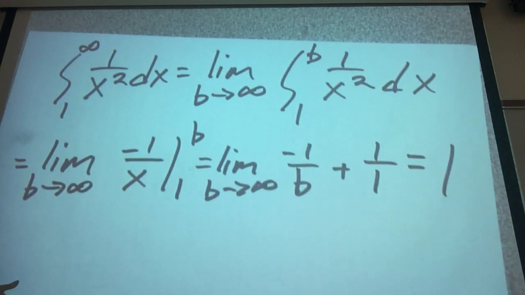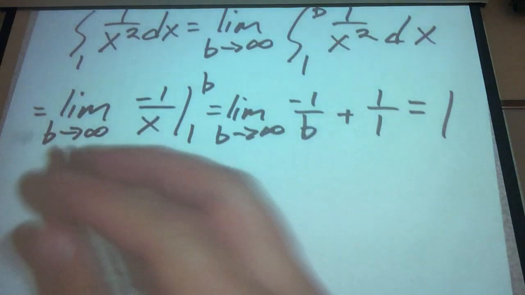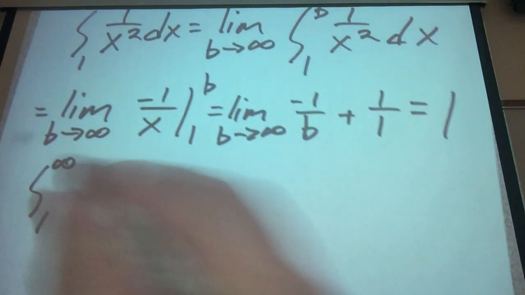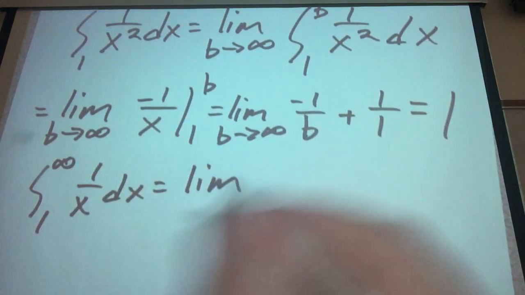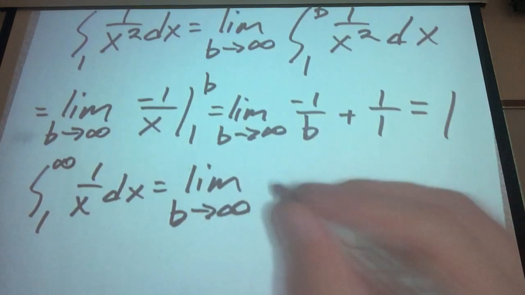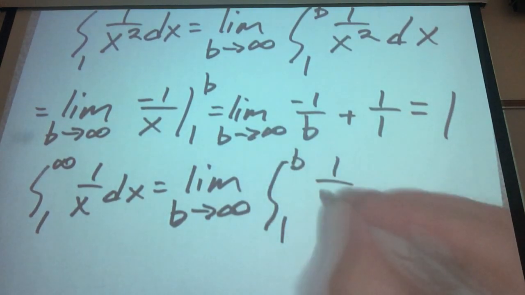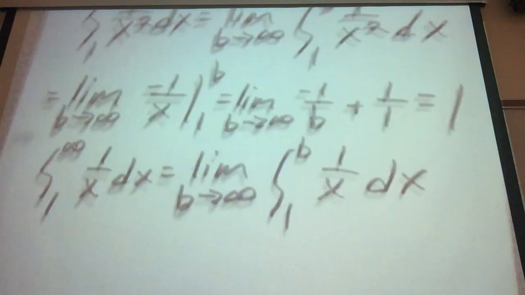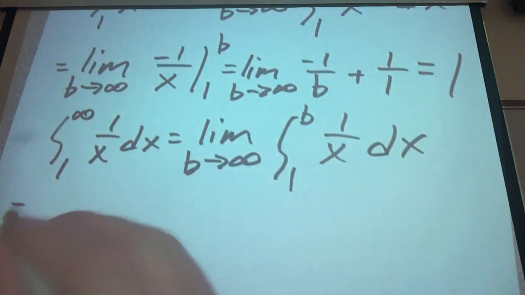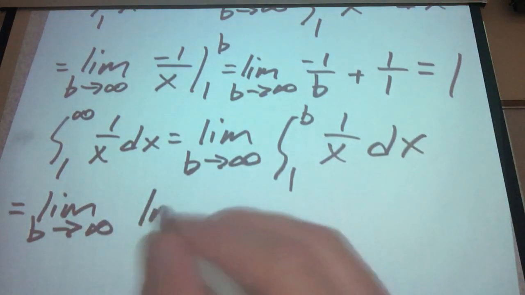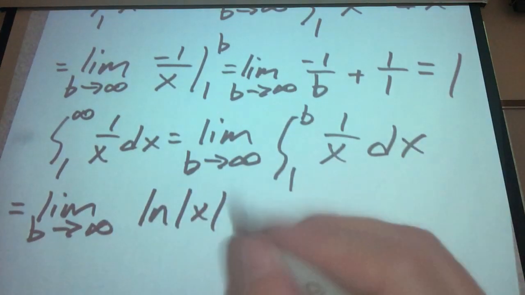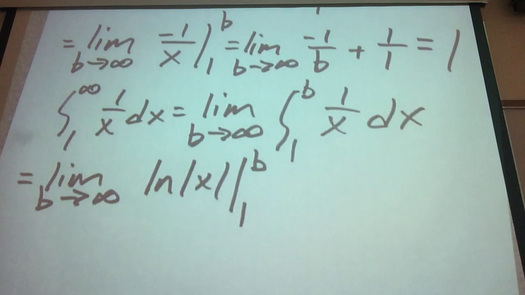Let's just do p which equals 1, okay? So if we did the integral from 1 to infinity of just 1 divided by x, an integral with respect to x, this is going to equal the limit, now as b tends towards infinity, of the integral from 1 to b of 1 divided by x with respect to x, and that will equal the limit as b tends towards infinity of the natural log of x evaluated at 1 and at b, okay?